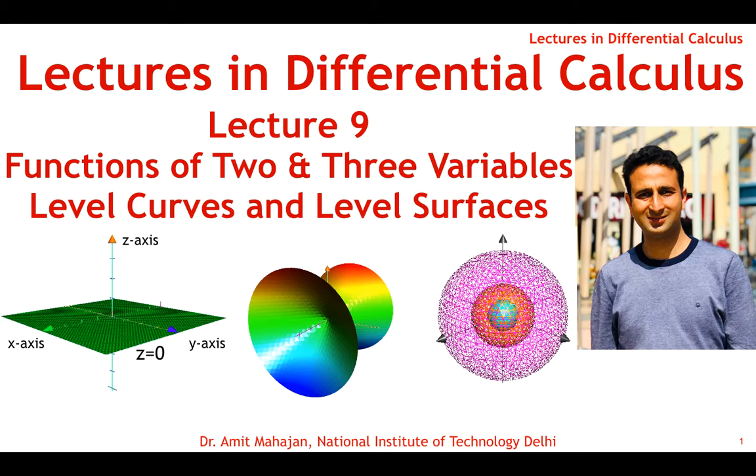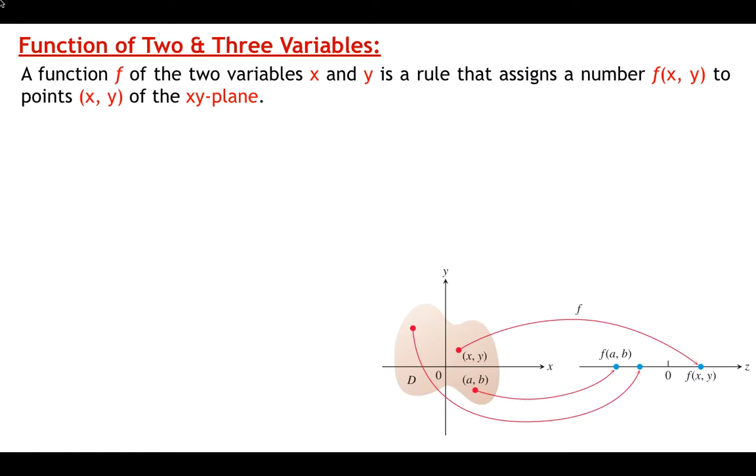So let us first define the functions of two variables. A function f of the two variables x and y is a rule that assigns a number f of x, y to points (x, y) of the xy plane.